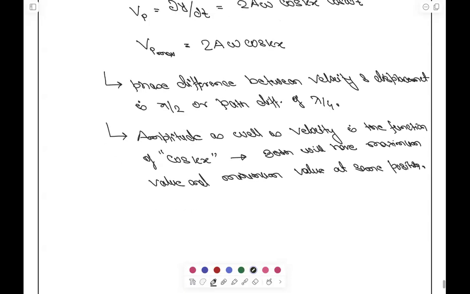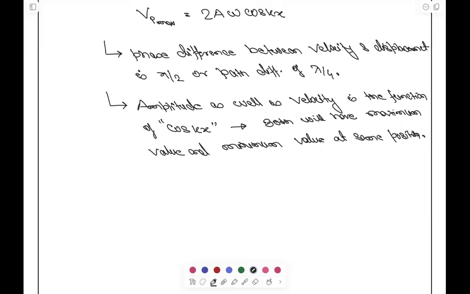When the velocity will be maximum, but phase will be different, है ना?